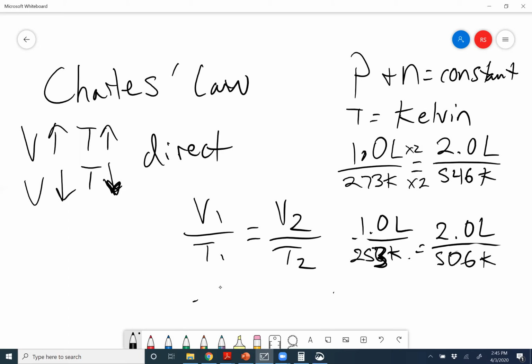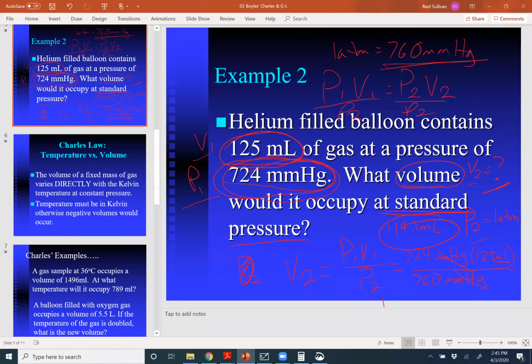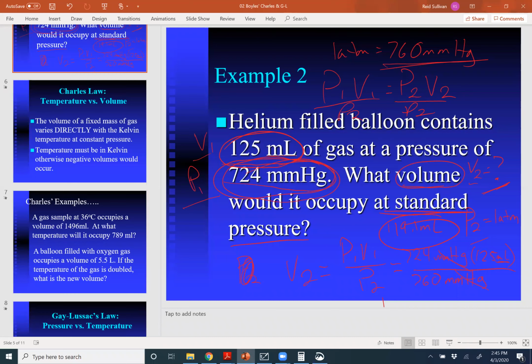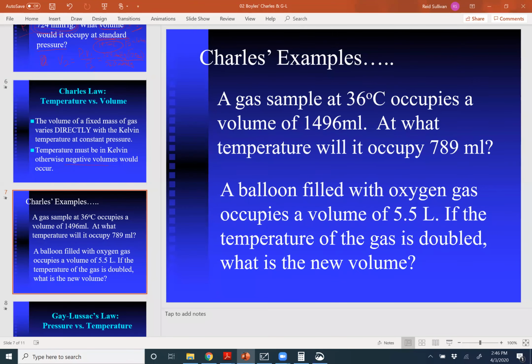That is the direct proportionality. So looking at our PowerPoint here, we have Charles' law. It says direct relationship. We have to use Kelvin. Otherwise, we get negative volumes, which we can't have, but also the proportionality wasn't true under that law.